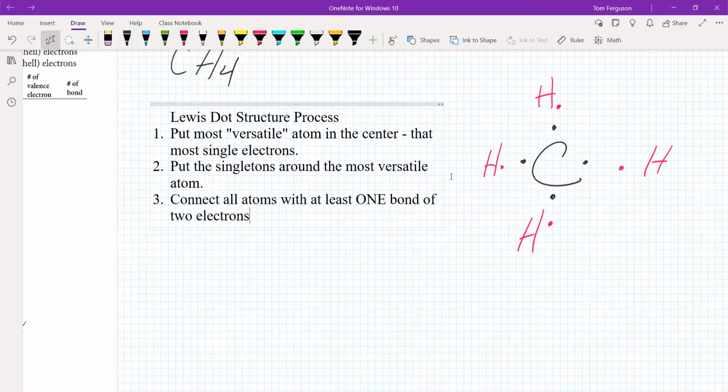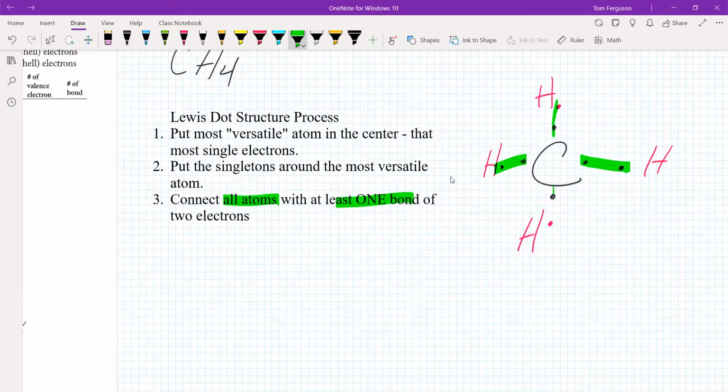A bond is considered a pair of electrons. Notice I said that twice, very important. It says connect all atoms with one bond. Boom, boom.